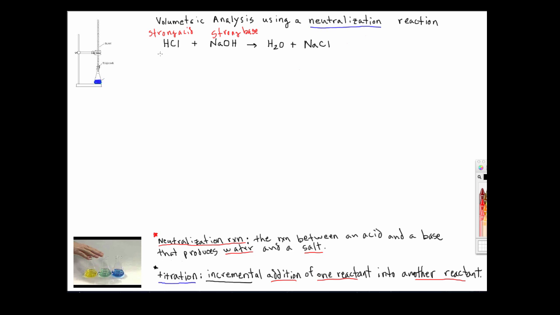So in this example, what we're going to be doing is actually reacting a 0.2 molar solution of hydrochloric acid with an unknown molarity of sodium hydroxide solution. So I'll use a question mark for that.